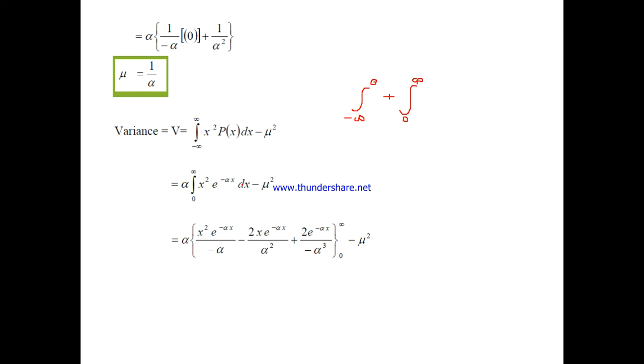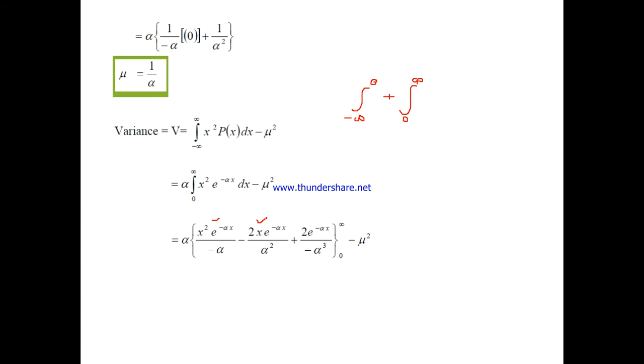Now, like the previous derivation we did, when you see the first and the second term, when we apply limits to those two, again it is an indeterminate form, infinity into 0. So what are we going to do?